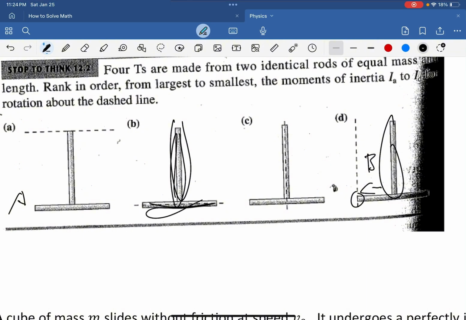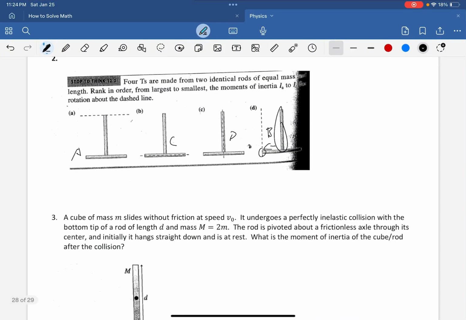So this is still an end. While this one, the pivot point is in the middle, so these ones aren't ends and they're easier to hold. So this one is going to be the third hardest. That's C, and this leaves this to be the easiest to do.